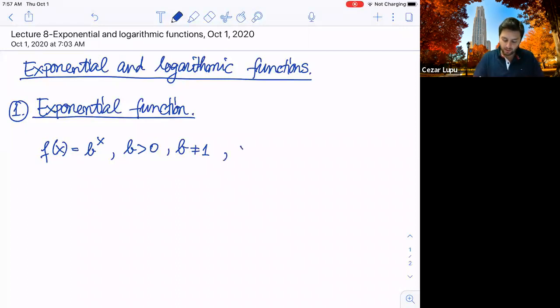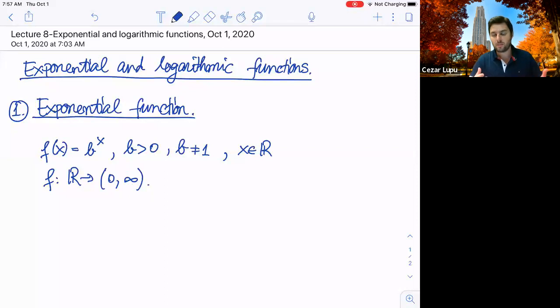Keep in mind that x is real. So this function is defined on the set of real numbers, so you can plug in any real value for x, and of course the range will be (0, infinity), the codomain, whatever. This is how the exponential function is defined.